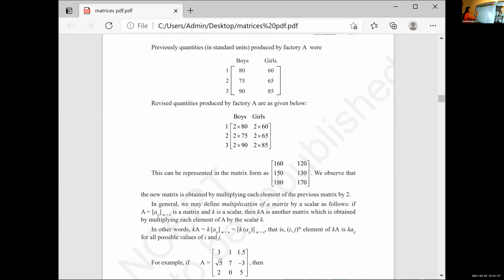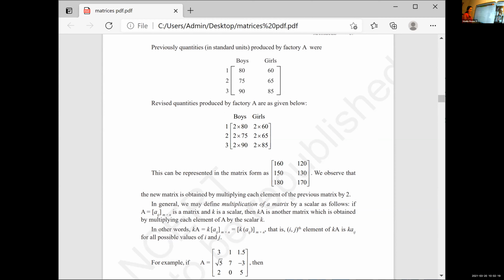That is the revised quantities produced by the factory A. So initially the factory A is producing this much quantity. Now it is revised. Look at how we are getting the revised entries, multiplying each entry by 2.